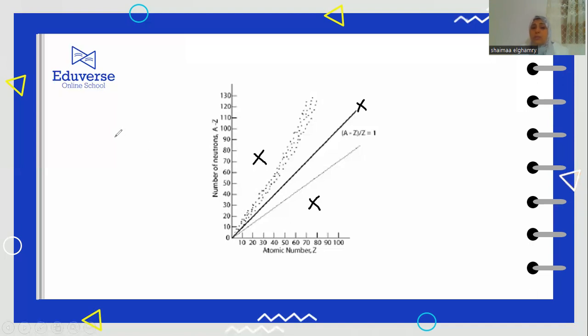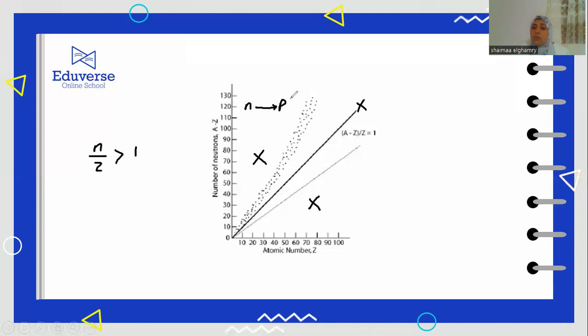So the ratio between number of neutron to number of proton is greater than 1. Okay? So it's unstable. Number of neutron is greater than number of protons. So in the left side, neutron will convert to proton.